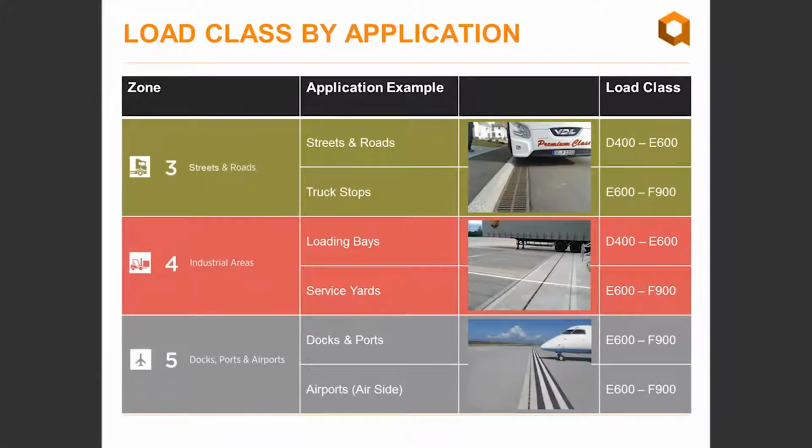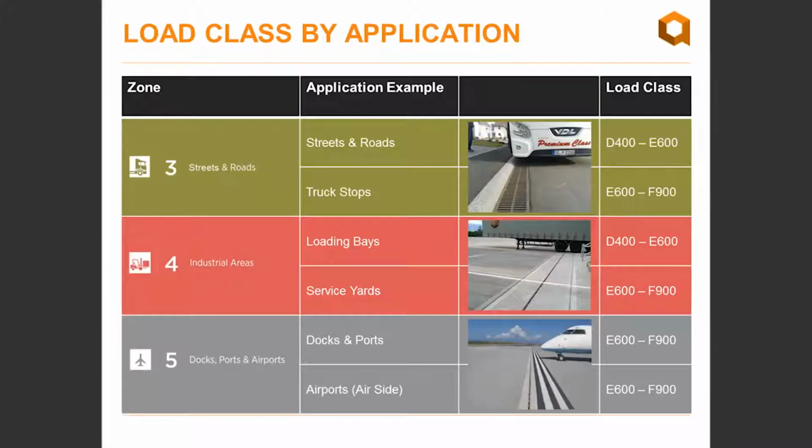It could be a good choice in that case, depending again on the traffic pattern. The airports, typically it's F900, but it can also be E600. Let's say it's a place where the plane won't go, then it can be E600. So again, we need to look at what the traffic is, the traffic pattern, I mean.